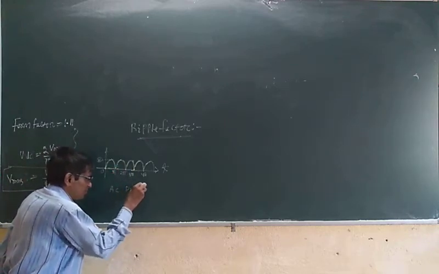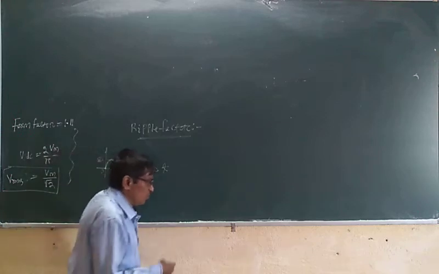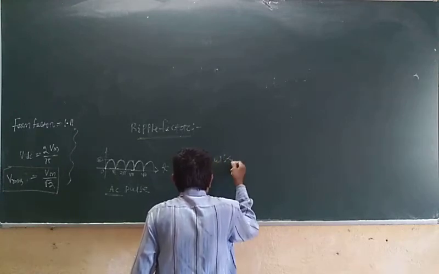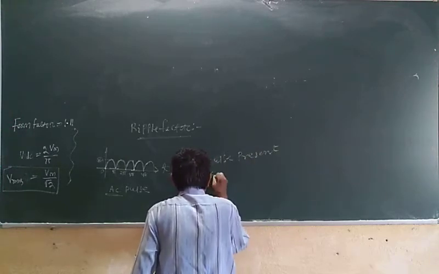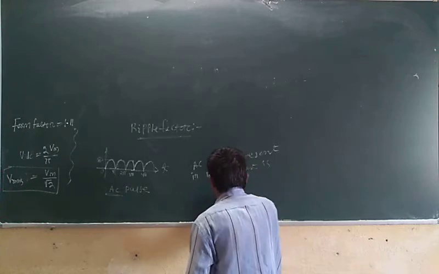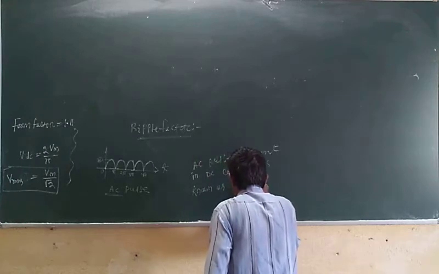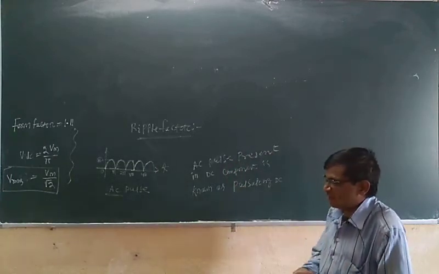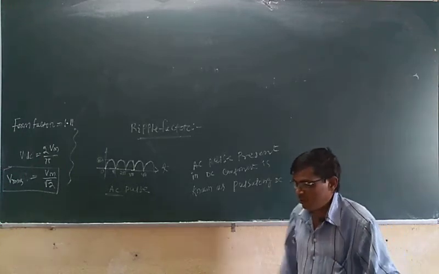The AC pulse present in a DC component is known as pulsating DC.